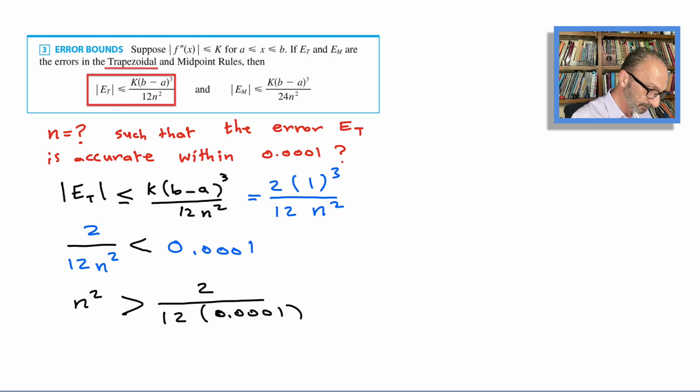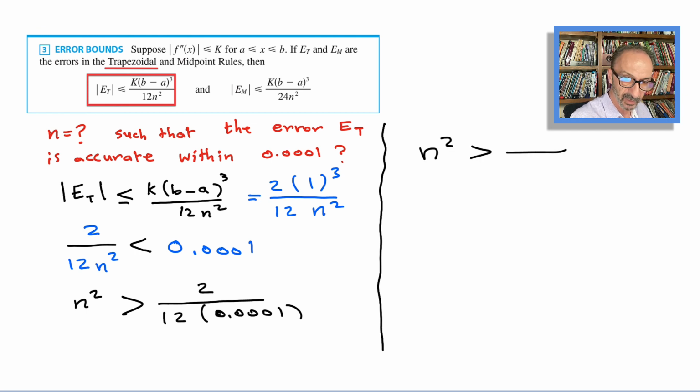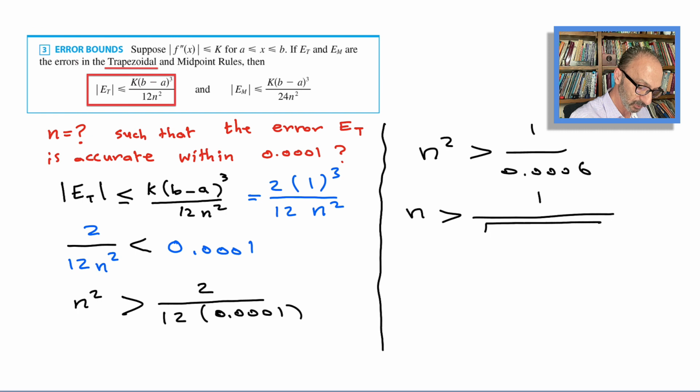This becomes n to the second greater than, dividing 2 and 12 becomes 1 over 6, 6 multiplied by 0.0001, we have 0.0006. Taking the square root of both sides, I have n should be greater than 1 over the square root of 0.0006, which is approximately 40.8.